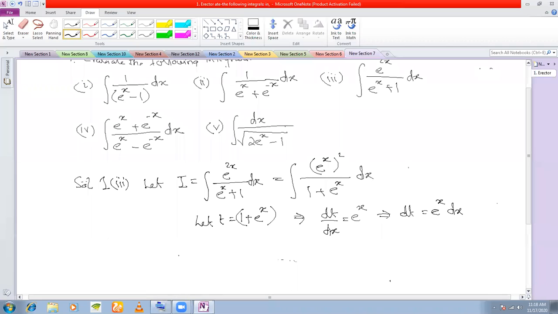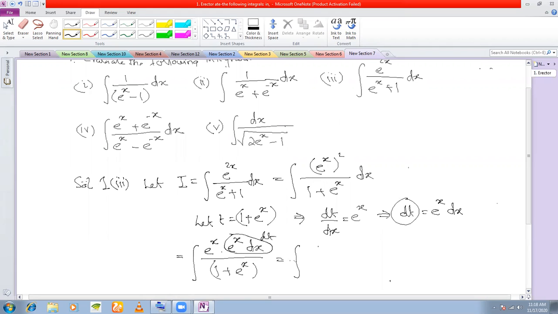That means now what can you write with this integral? You have (e to the power of x) whole square, right? You can write this as e to the power of x into e to the power of x dx divided by 1 plus e to the power of x. See, now in this integral, this e to the power of x into dx becomes your dt, right?